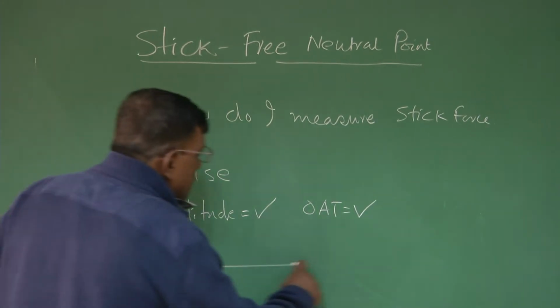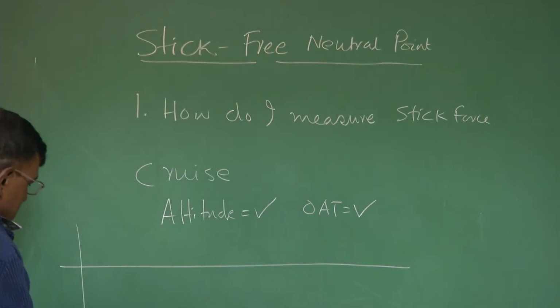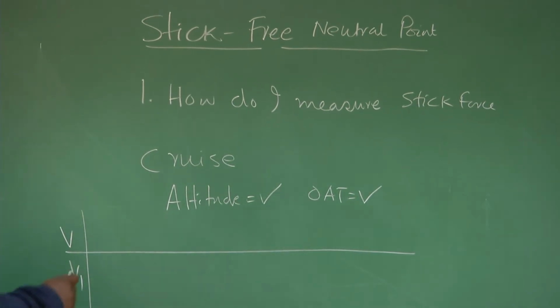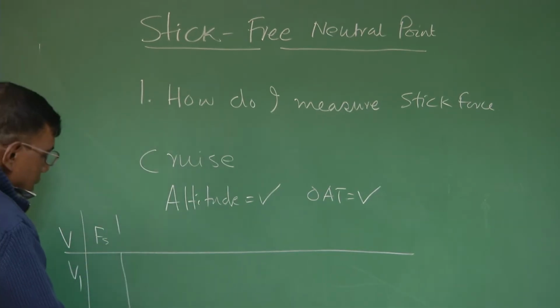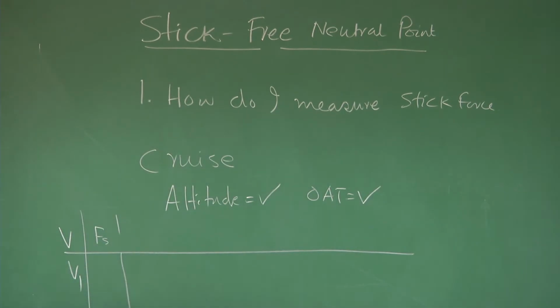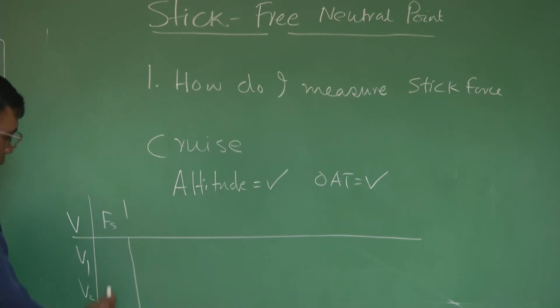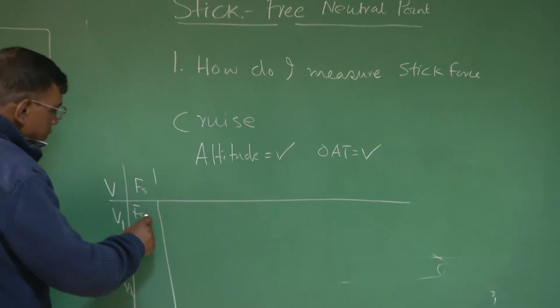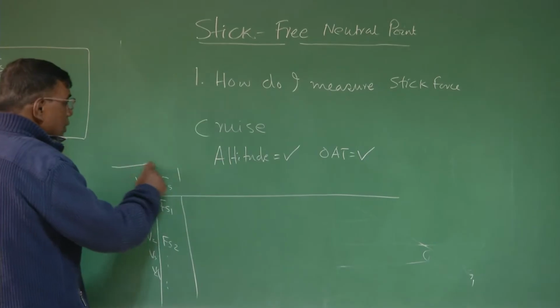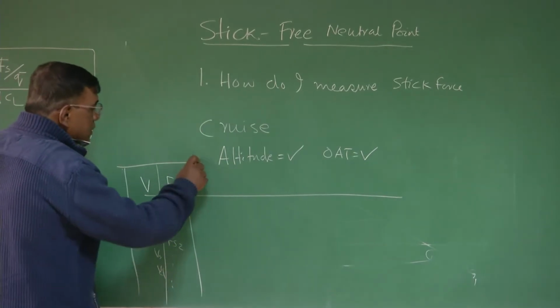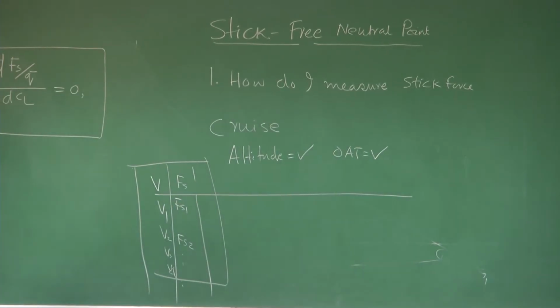Then, for different V, let's say V1 I am cruising, you note down what the stick force is. Then again for V2, V3, V4, you note down all those stick forces that are being applied. So you just need these two measurements. So you know what the stick force is.